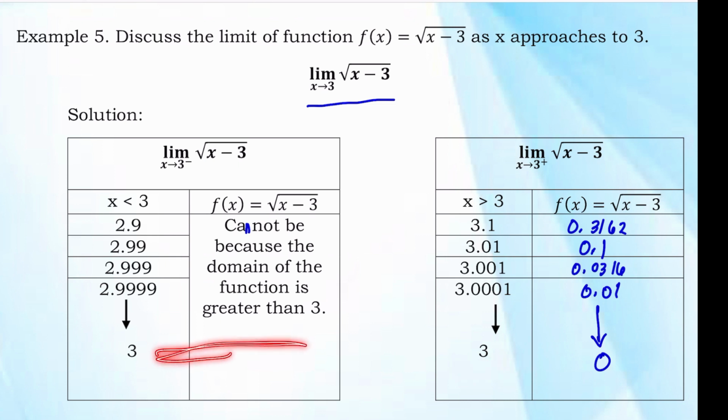So here, we can say that the limit does not exist because in the theorem earlier, both sides of the limit should exist. Since this side does not exist and the other side does, the limit of the square root of x minus 3 where x approaches 3 does not exist. But we can say that this is an example of a one-sided limit. That's about the introduction to limits of functions.